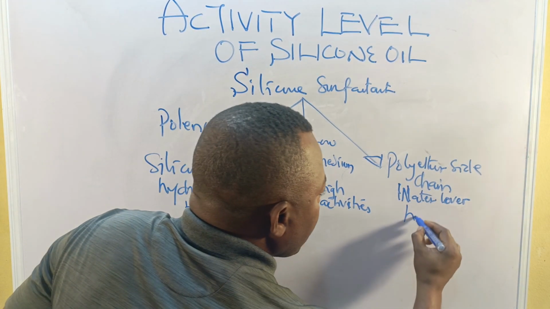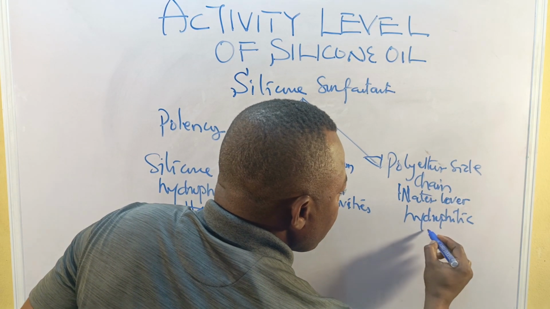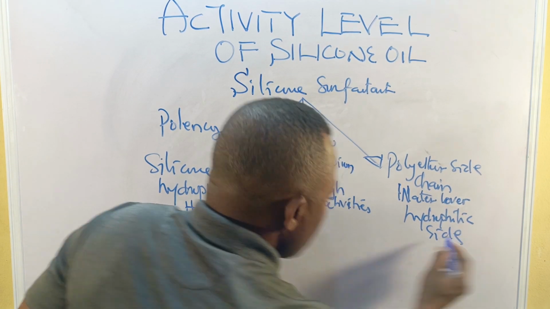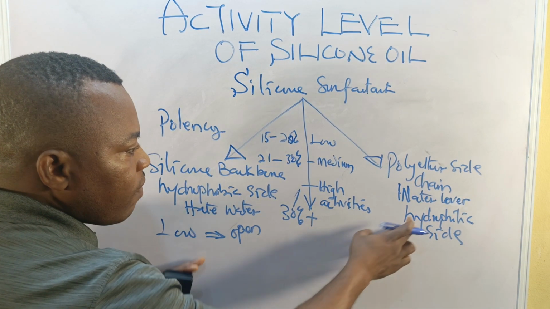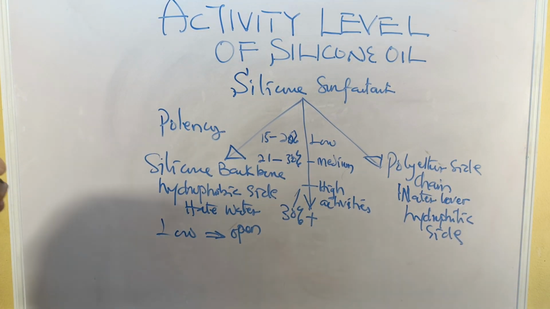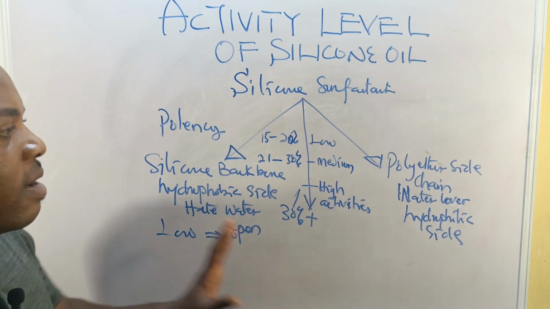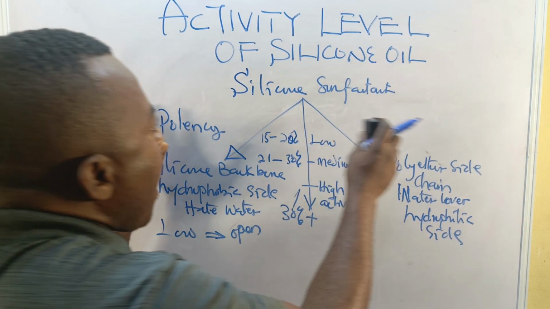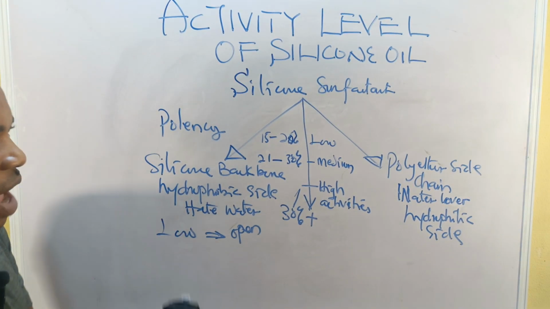This is hydrophilic first, sorry. This is called the hydrophilic site, and this is called the hydrophobic site. So when you are trying to balance this one and this one, is what we call hydrophilic lipophilic balancing in a silicone. So this is how the activities of silicone are applied in the foaming reaction.